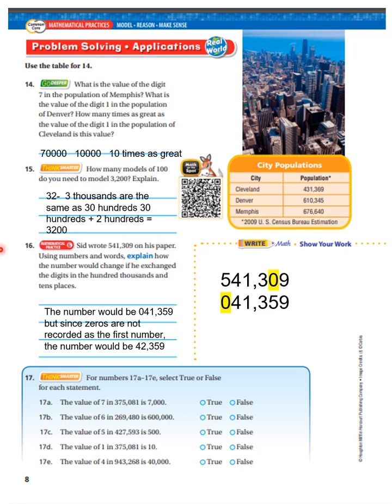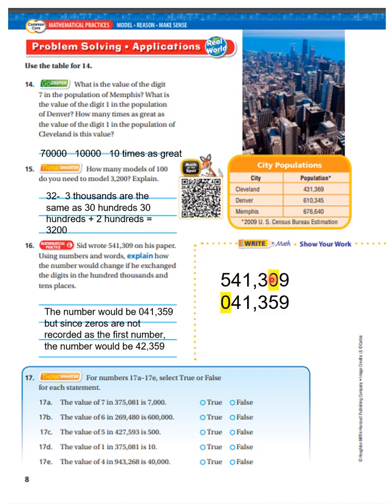All right, Sid wrote 541,309 on his paper. Using numbers and words, explain how the number would change if he exchanged the digits in the hundreds, thousand, and the tens place. So he has 541,309. He wants to take this 0 here and exchange it with the 100,000s and the tens. So he wants to change this number and this number.